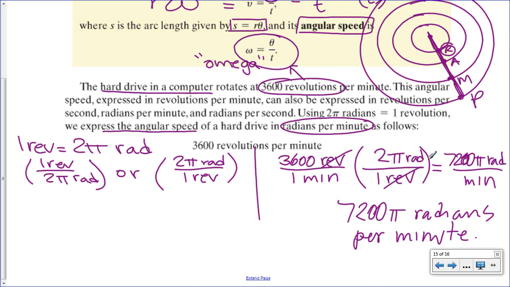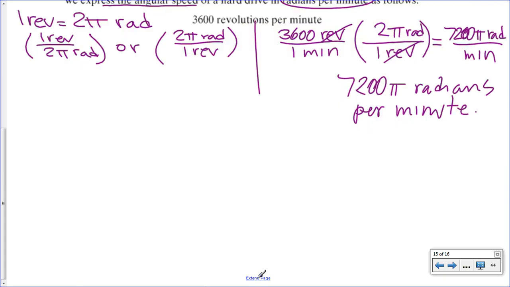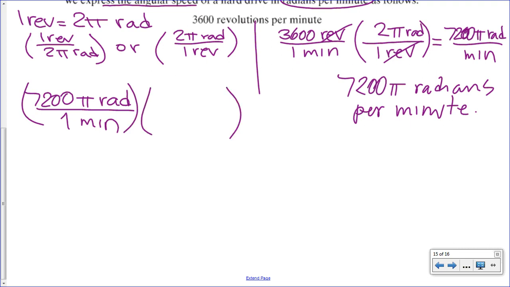What would we do if we want to convert this to seconds? Multiply times 60. Divide by 60. Should we multiply? Divide by 60. So think of this. Do you want to cancel minutes, right? So where do you want to have minutes? On top or the bottom?